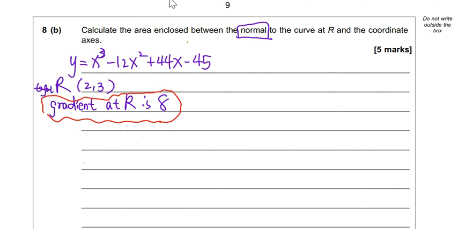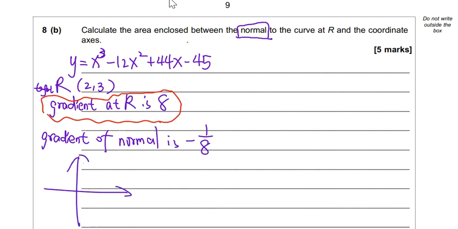So for the normal line, the gradient of normal is -1/8. Does it make sense? In the Cartesian system, we know that if two lines are perpendicular to each other, then the multiplication of their gradients is -1.